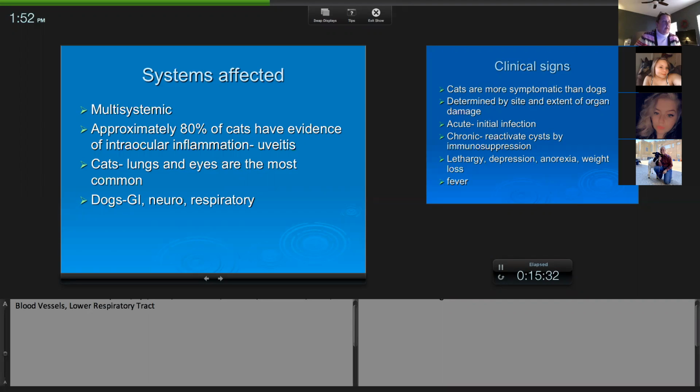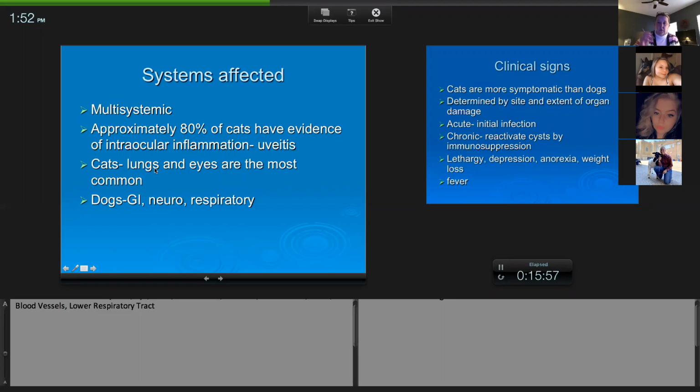Now a lot of cats can get some intraocular inflammation or uveitis. Uveitis is when they have an inflammation in the inner chamber of the eye, and it can cause pain, it can cause redness. So potentially some ocular problems in a cat. It tends to favor the lungs and the eyes.